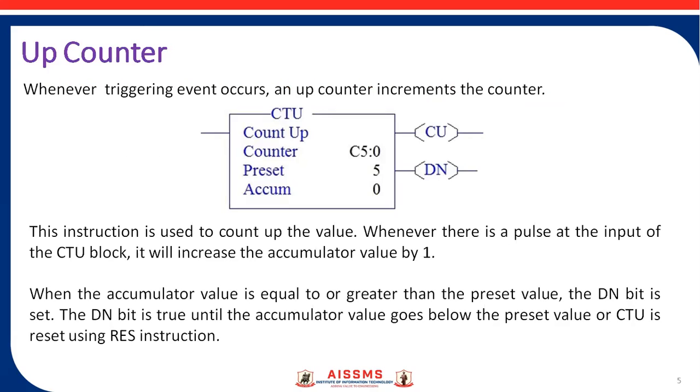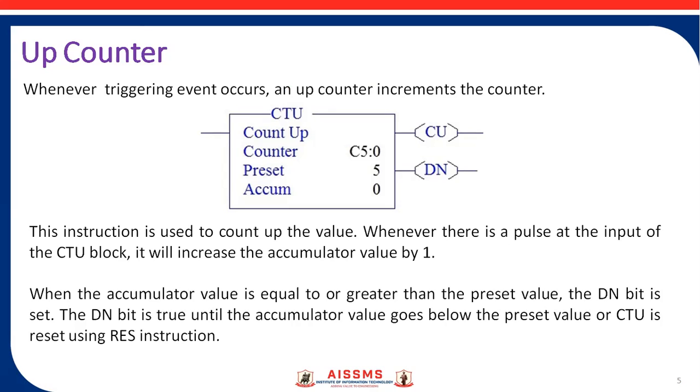As I said, whenever triggering occurs, an up counter increments the counter. This instruction shows block of up counter. This instruction is used to count up the value. Whenever there is a pulse at the input of the up counter block, it will increase the accumulator value by 1.